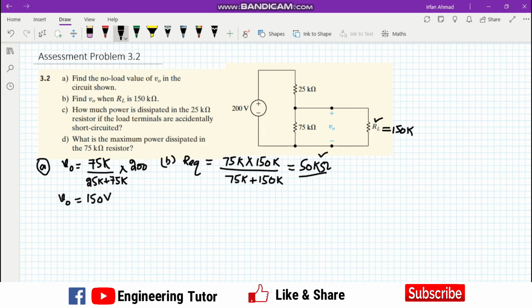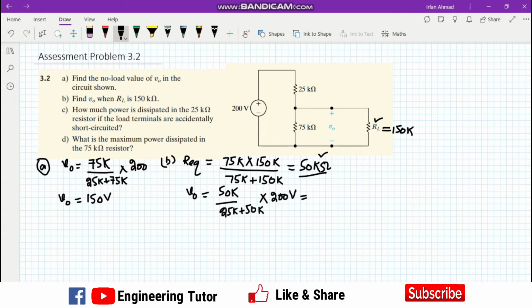Now we have to find V naught when 50k is the equivalent resistance. So now the value of V naught is 50k divided by 25k plus the equivalent resistance, multiplied by the total voltage.